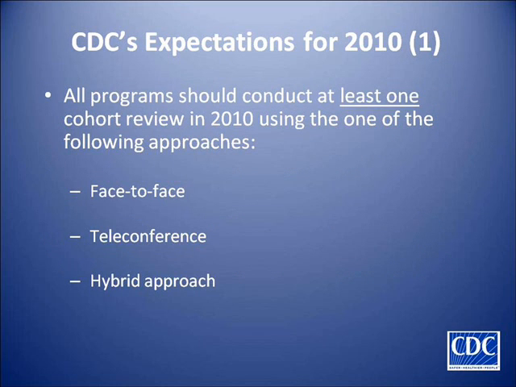Our expectations for 2010 are that all programs should conduct at least one cohort review by using one of the following approaches, whether it would be face-to-face, teleconferencing, or the hybrid approach. Regardless of whichever method that you choose, all models do consist of an interactive meeting to retrospectively review all TB cases that are registered in the program area in a given time frame.